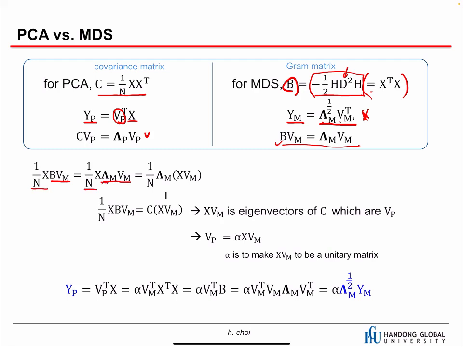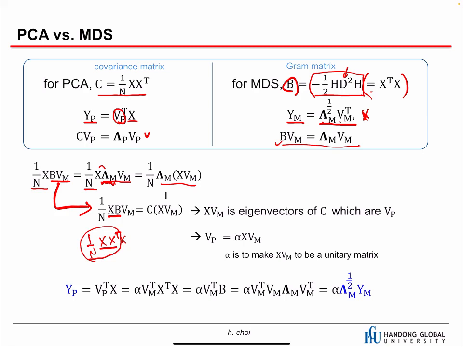This one is a diagonal matrix, so we can change the order. Then we get this one. And if we look at this, B is actually X transpose X. Then this one is actually the covariance matrix.